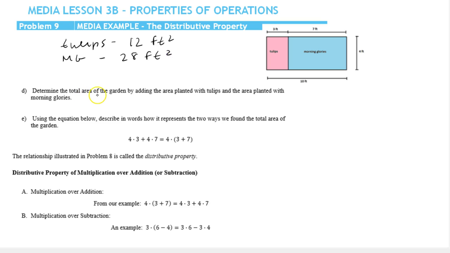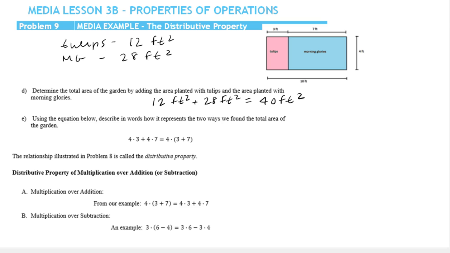So to find the total area of the garden, we can add the 2 pieces together. These 2 pieces make up the whole. So we'll add 12 square feet plus 28 square feet, which is a total of 40 square feet. Okay. And remember, this is the result we got in Part A when we found the total area of the garden just by doing 10 times 4. So it should make sense that these are equal.